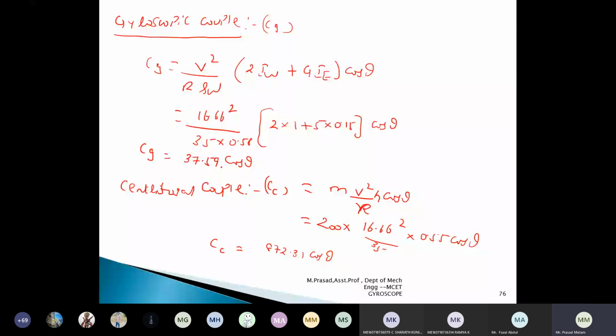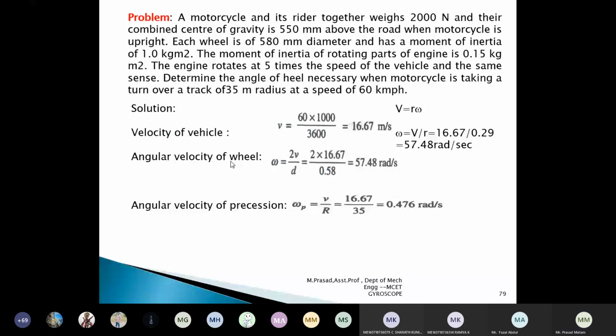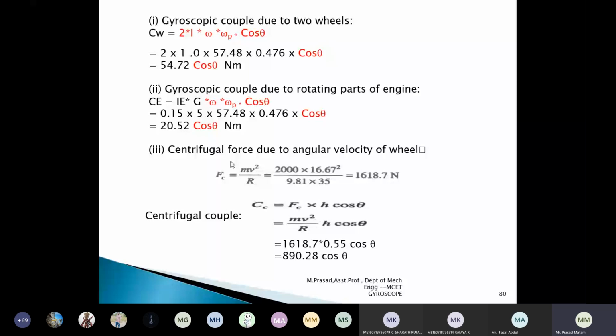Students, can anyone cross check this, 37.59, is it sure? Okay, let me check. I have already done it. Gyroscopic couple I am getting due to wheels and due to engine. Centrifugal force is okay.